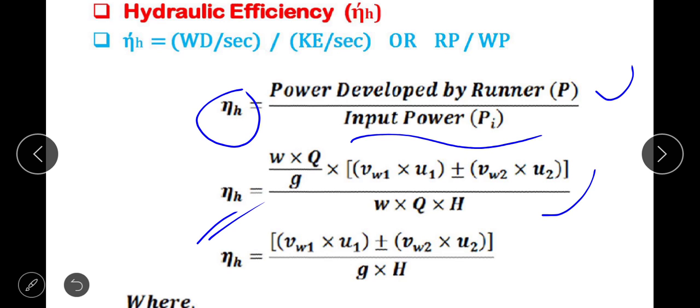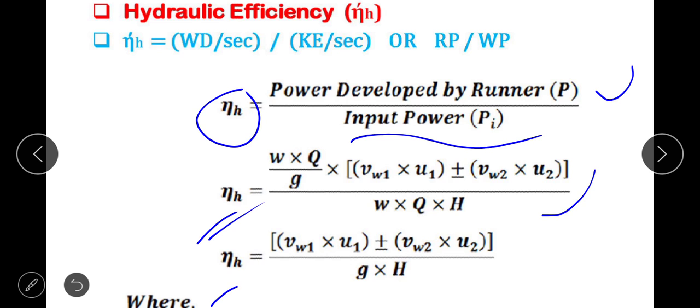The rest of the things we are aware of. However, Vw1 is the whirl velocity at inlet, U1 is the peripheral velocity at inlet, Vw2 is the whirl velocity at outlet, U2 is the peripheral velocity at outlet, that is pi DN by 60.